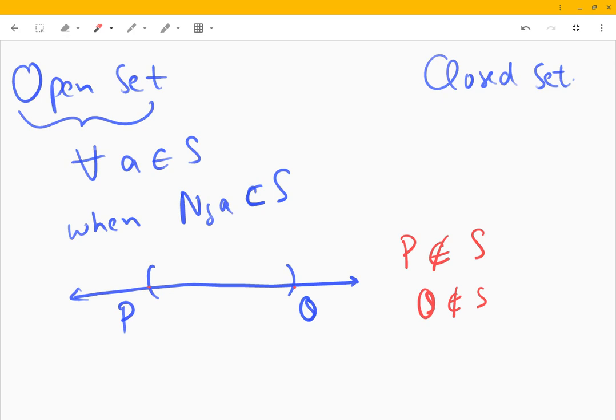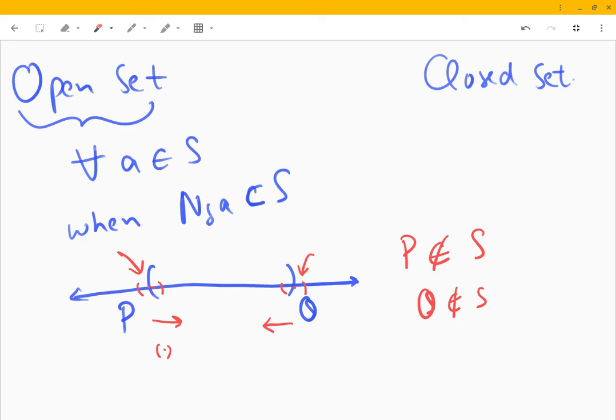These P and Q were the only points some of whose delta neighborhood was outside the set. Otherwise, any point to the right of P and any point to the left of Q, as close to P and Q as possible, their entire delta neighborhood would be a part of the set.